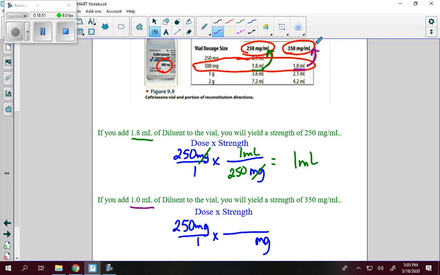If you have less water in Kool-Aid, it makes it stronger Kool-Aid. So if you have less water in anything, it makes the contents a lot stronger. So that strength would be 350 milligrams per milliliter. If I do this calculation out, I would get 0.71 milliliters.